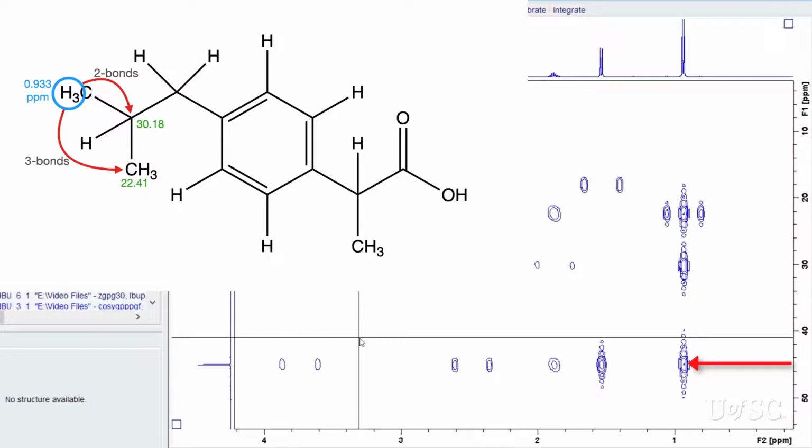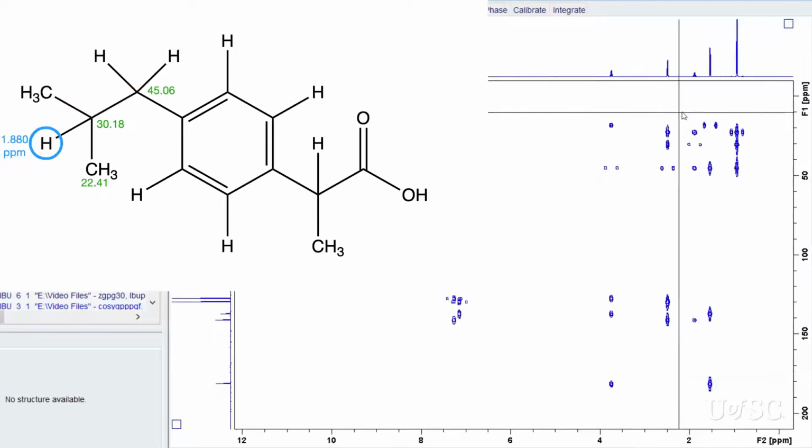To achieve the F1 resolution of 0.07 ppm, we would have to run more than 1000 T1 increments. This would take more than 4 hours compared to the 30 minutes this data set was collected. However, we can use information from our other datasets and the chemical structure to know that the methylene carbon at 45.06 ppm is the 3-bond correlation seen here.